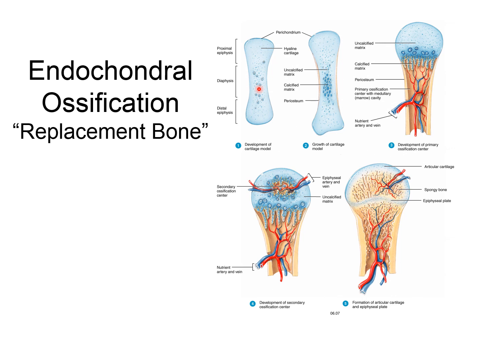The cartilage is surrounded by a covering that is called perichondrium. When blood vessels invade the perichondrium, the osteochondral progenitor cells within the perichondrium become osteoblasts.